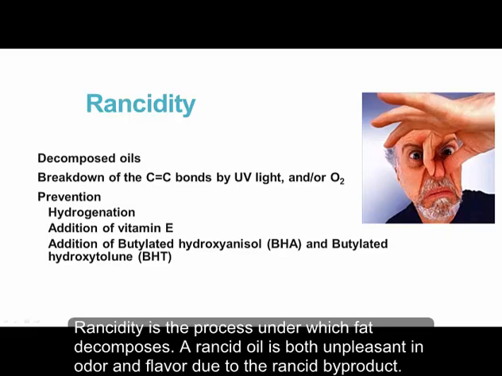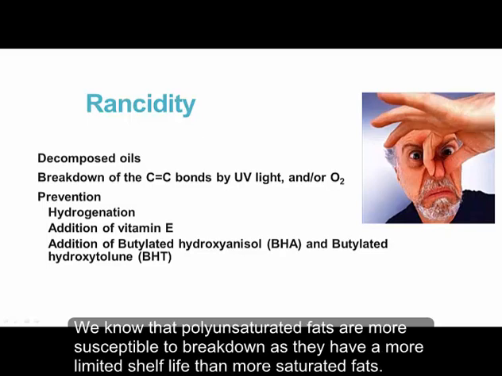Rancidity is the process under which fat decomposes, and a rancid oil is both unpleasant in odor and flavor due to the rancid byproducts. We know that polyunsaturated fats are more susceptible to breakdown as they have a more limited shelf life than more saturated fats.